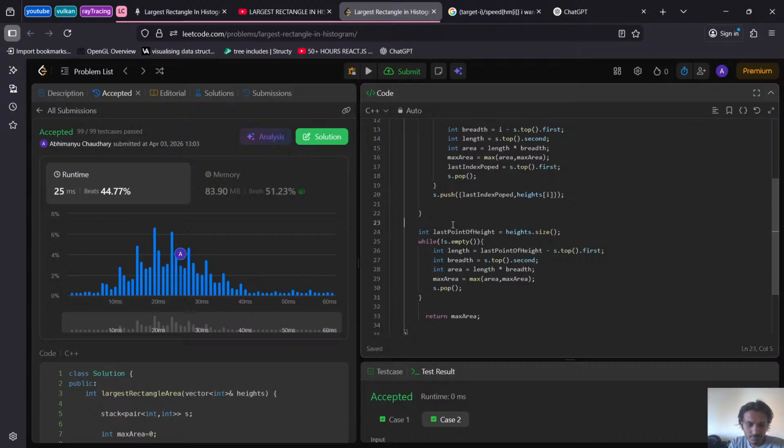So area for the left elements in the stack.